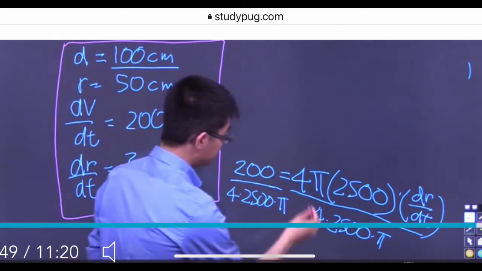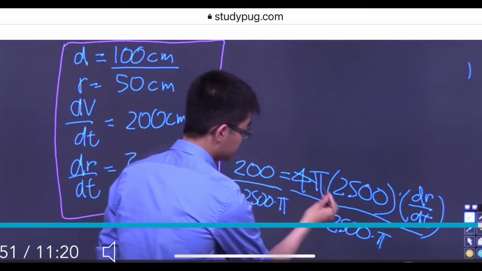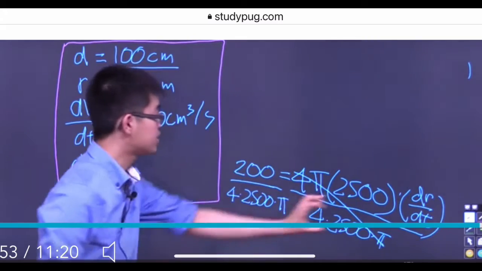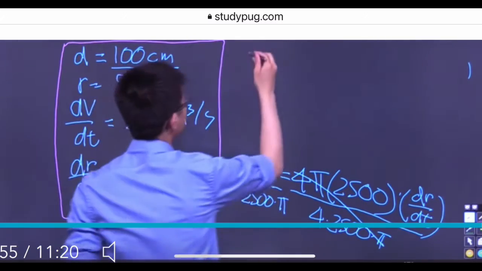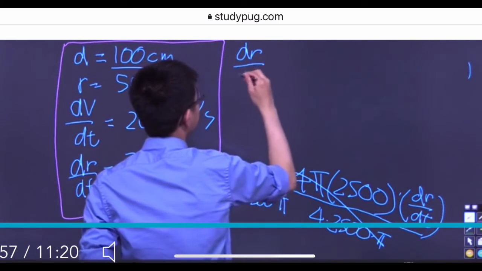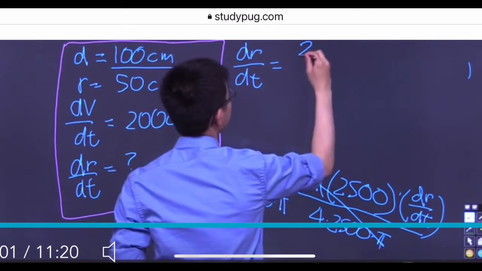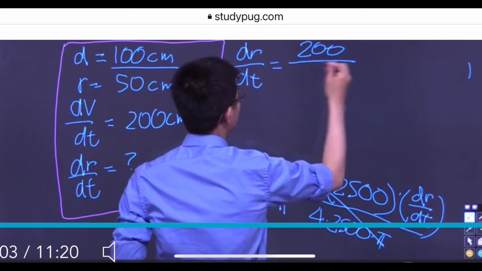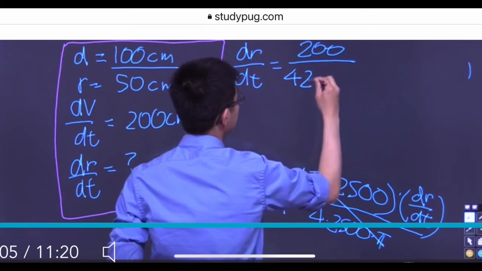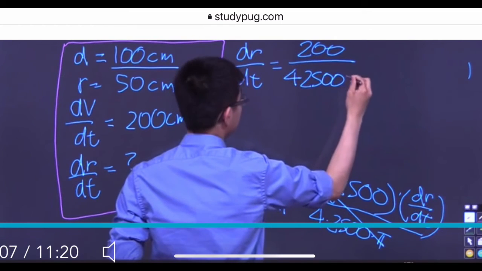And so this whole thing cancels out, and we just have dr over dt left, so that means dr over dt is equal to 200 over 4 times 2,500 times pi.